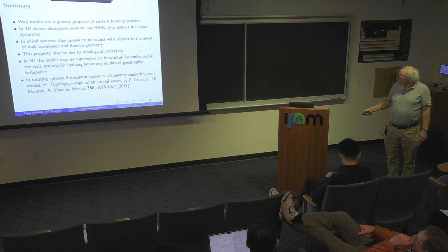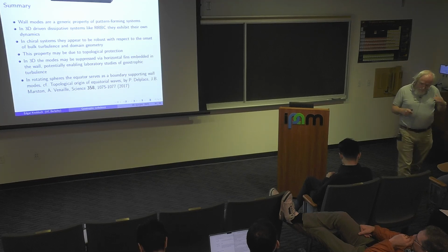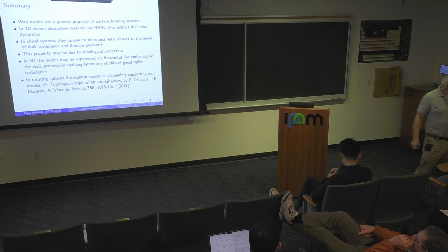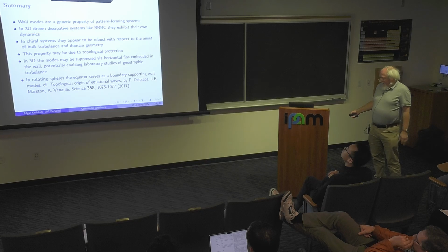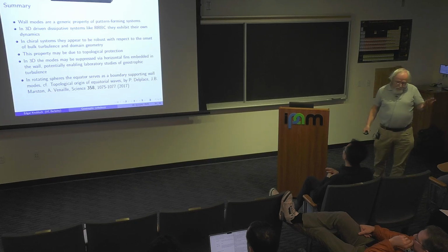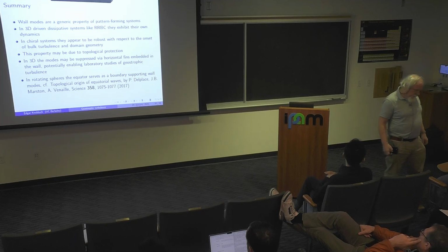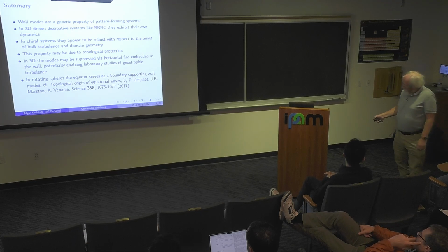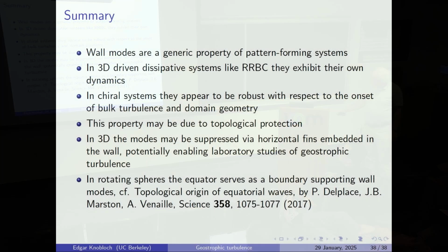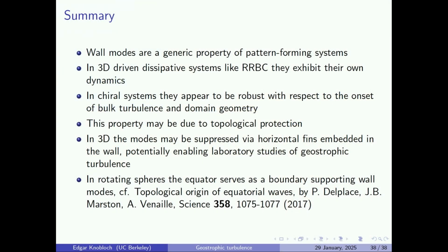And finally, I wanted to mention that the equator is a boundary when you have a rotating sphere. And in the case of a two-dimensional problem, shallow water theory on the rotating sphere, you can use these topological arguments to actually establish the presence of two wave modes that are there because of the presence of the equator.